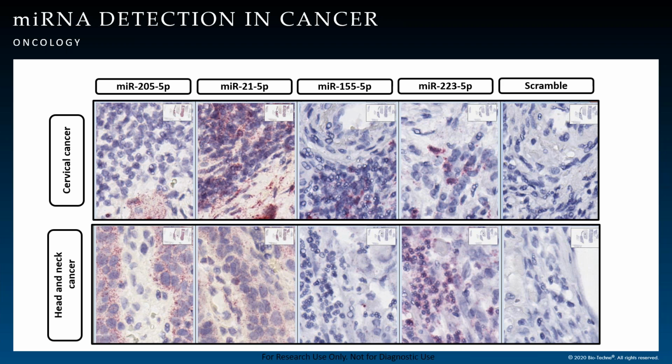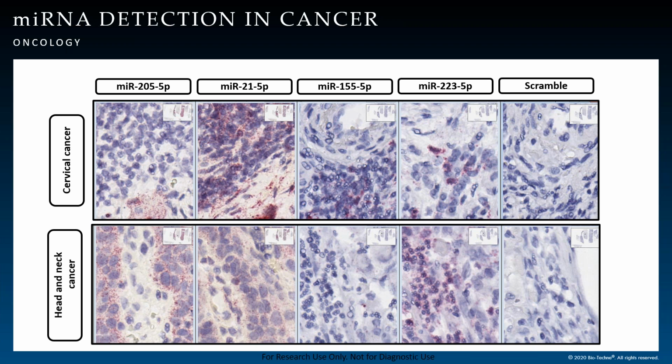In the case of miR-155, this is an immune-enriched microRNA, and it's particularly expressed in cells of the lymphoid origin, for example, T cells and B cells. miR-223-5P, on the other hand, is also an enriched microRNA in the immune system, but it is commonly observed in cells of the myeloid origin. So cells such as macrophages and neutrophils tend to express miR-223-5P.